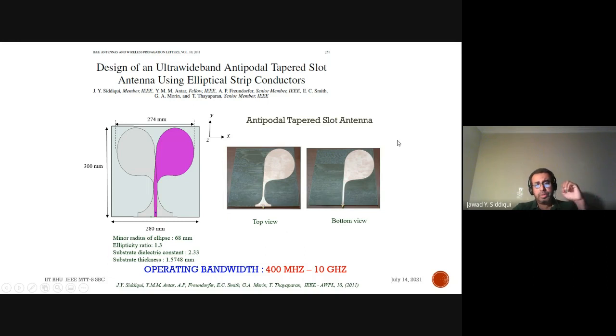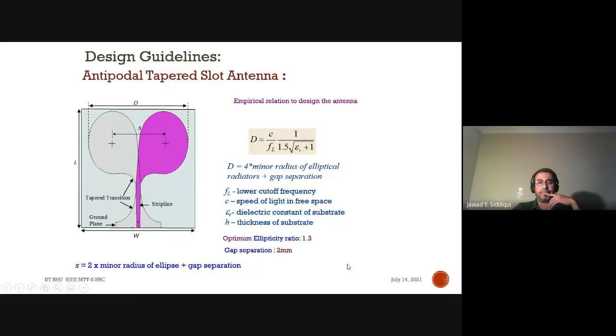This antipodal tapered slot antenna has 2 very simple elliptical strip conductors on 2 sides of the substrate, supported by a Balun transition from a microstrip line to a parallel strip line, and it excites these 2 elliptical conductors, which gives a very wide bandwidth of 400 megahertz to 10 gigahertz.